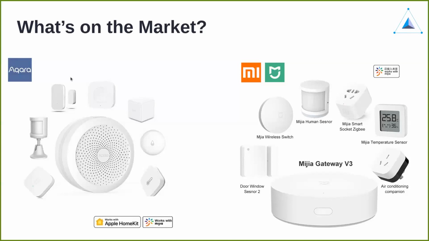Okay, let's start from the beginning. Imagine that one day I wake up and decide, all right, I'm going to build my smart home. What am I going to do? The first thing, we will go into the internet and type something like "buy smart devices IoT" or similar. And the majority of the options would be from Xiaomi and Aqara vendors. Actually, the same vendor, but you can connect Aqara sensors to the Xiaomi app and vice versa.